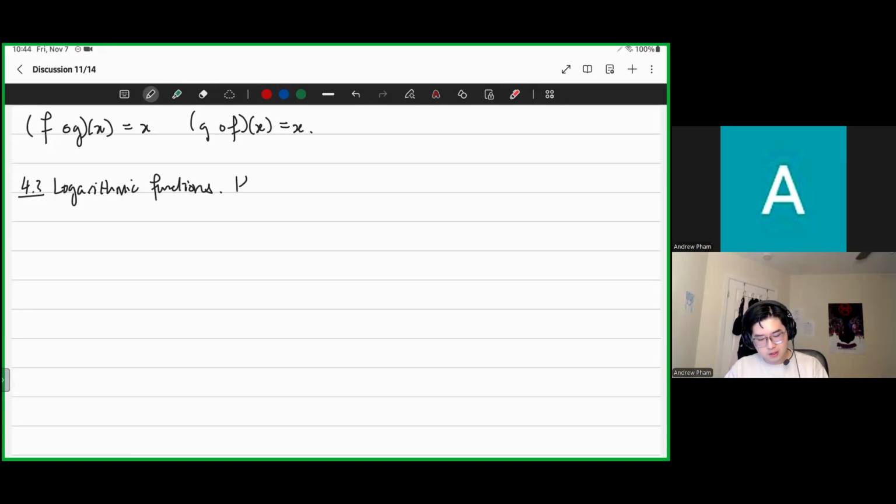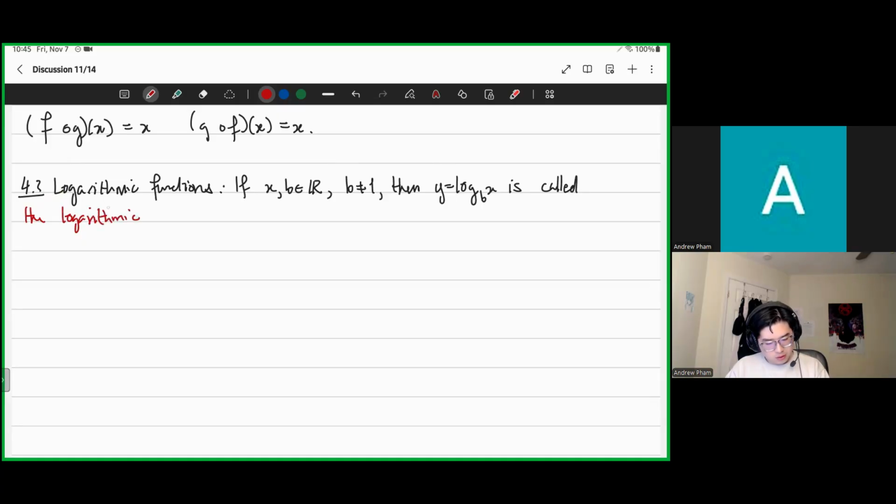If x and b are real numbers such that b is not equal to 1, then y equals log base b of x is called the logarithmic function with base b.